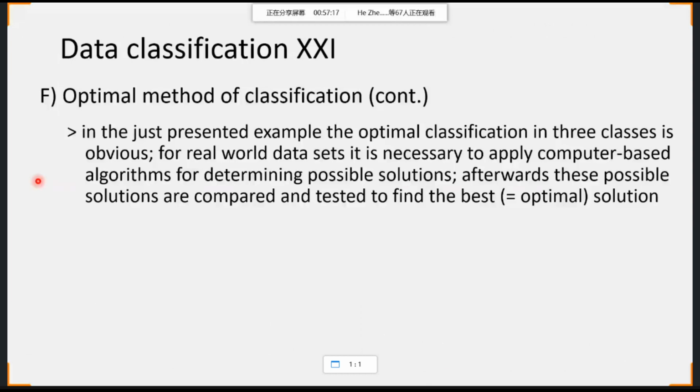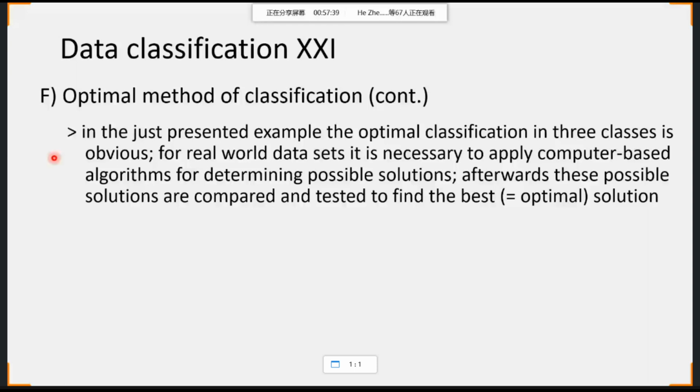In the just presented example, the optimal classification in 3 classes is obvious. For real-world data sets, it is necessary to apply computer-based algorithms for determining possible solutions. Afterwards, these possible solutions are compared and tested to find the best, the optimal solution.